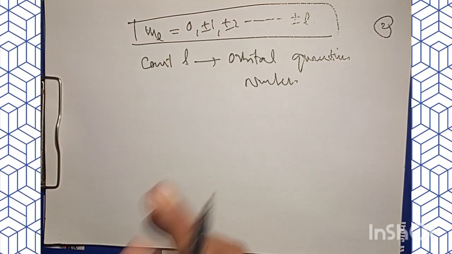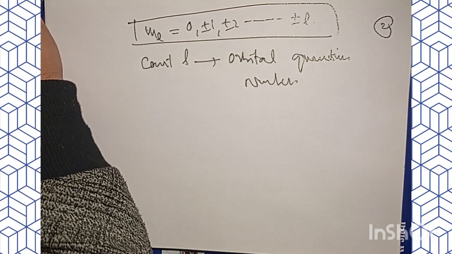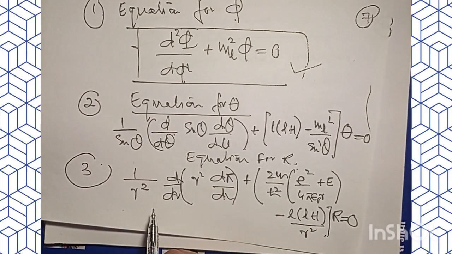And the solution of the third equation that we have here is the radial part of Schrodinger's wave equation for the hydrogen atom.